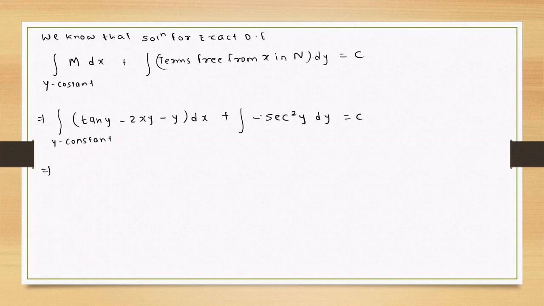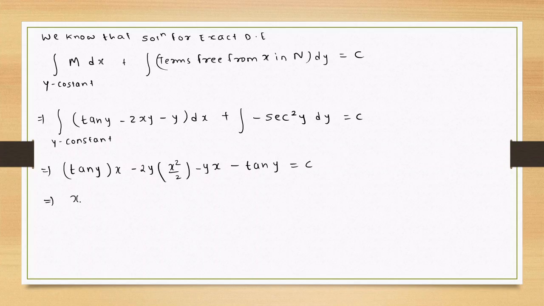So tan y as it is. The integration of tan y times 1 is x, minus 2y constant. What is the integration of x? X square by 2 minus y constant. The integration of 1 is x. Now minus sec square's integration is tan y is equal to c.